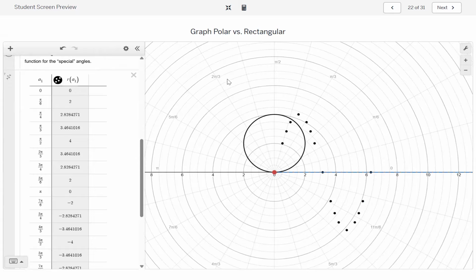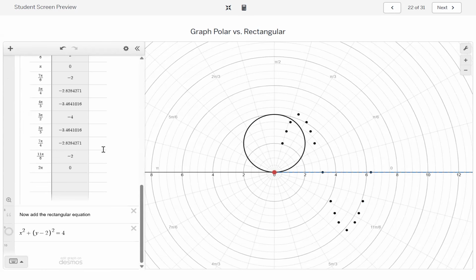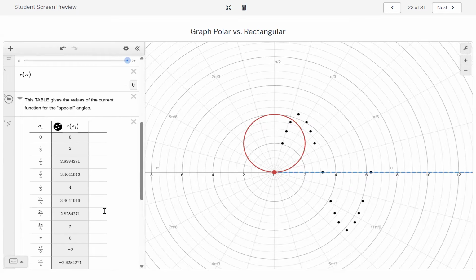These points are the points for the graph of 4 sine theta in the xy plane. But each of these points correlates to a polar point on this circle. And then if I turn on x squared plus (y minus 2) squared equals 4, I get that same circle.